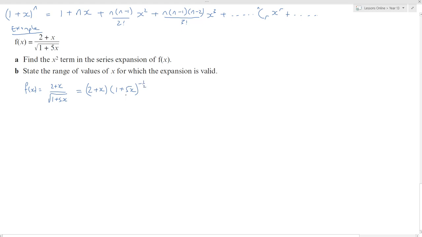Now we need to expand the whole expression, but in particular we need to use our formula to expand 1 plus 5x to the power of minus a half. That's going to be equal to 2 plus x.